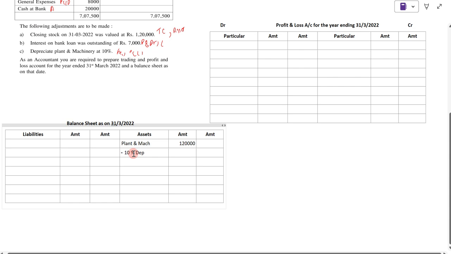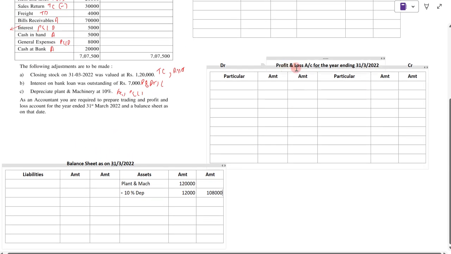So on 1,20,000 we will have depreciation of 12,000. 1,20,000 minus 12,000, the balance is 1,08,000. Now the second effect of this depreciation, 10%, will go in the profit and loss account debit side.